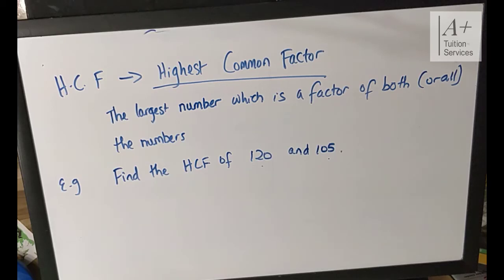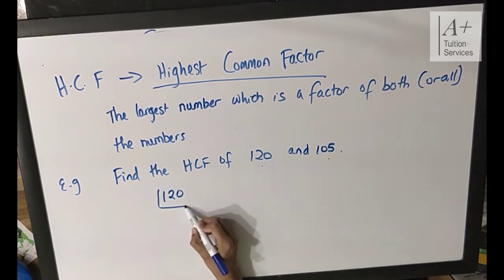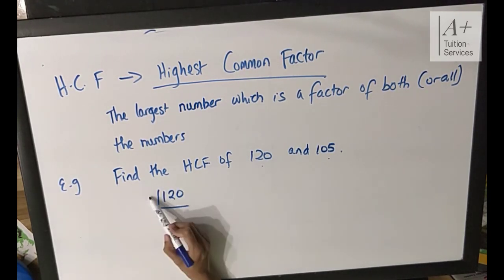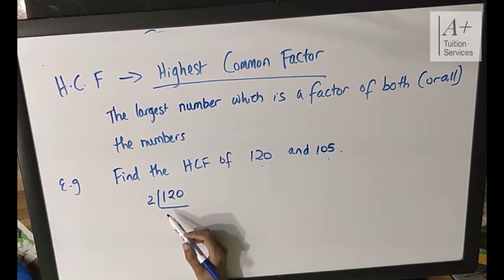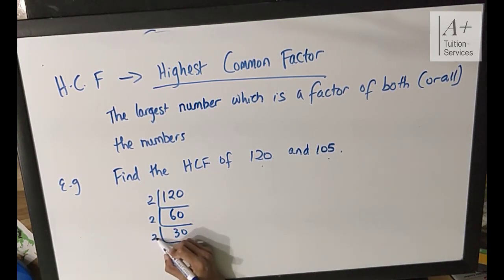So we need to take this apart now. What I like to do with 120 is start with 2. Once it's an even number, we start with 2. 2 into 120 is 60, and we can divide this by 2 again. 2 into 60 is 30. We can divide this by 2 again. 2 into 30 is 15.